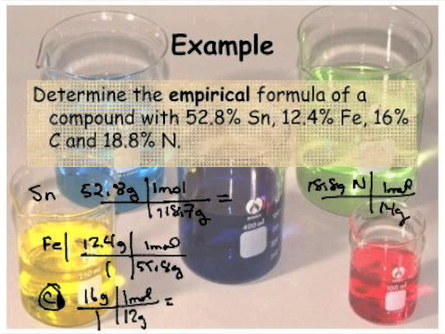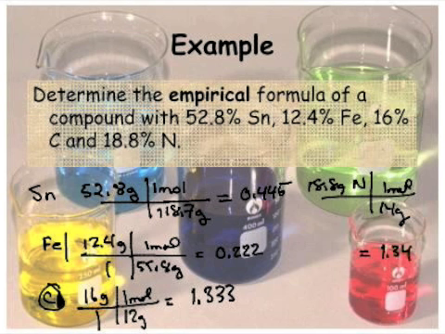And now I get my calculator out. So in the tin, 52.8 divided by 118.7 is 0.445. And then 12.4 divided by 55.8 is 0.222. And the carbon is 1.333, and this last one is 1.34.